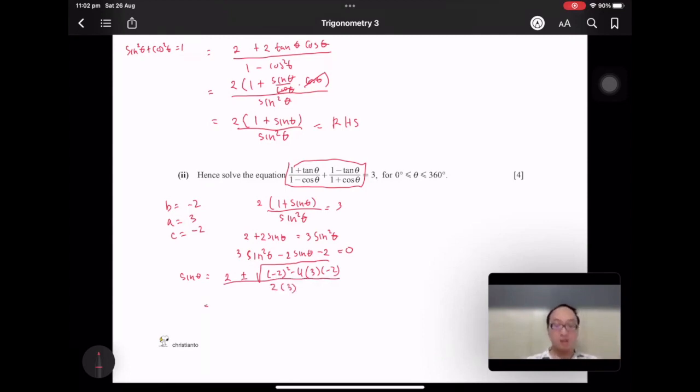So this equals 2 plus or minus square root of 4 plus 24, 28, over 6. So that means I will have sine theta equals 2 plus root of 28 over 6, or sine theta is 2 minus root of 28 over 6.